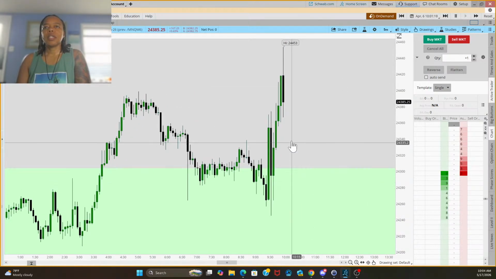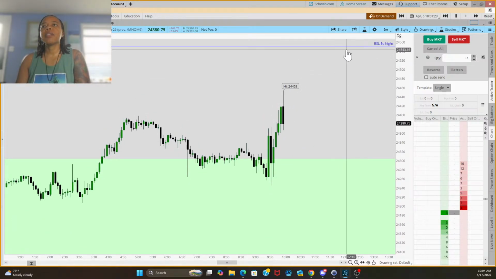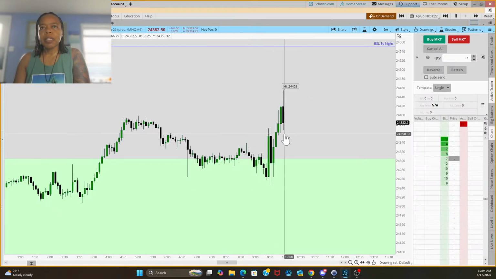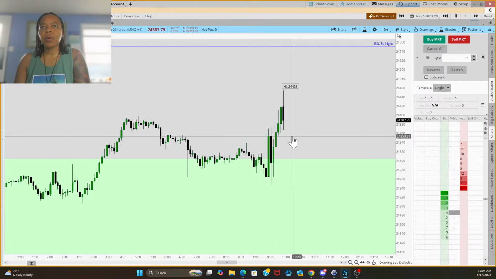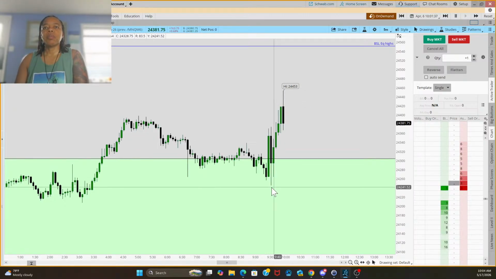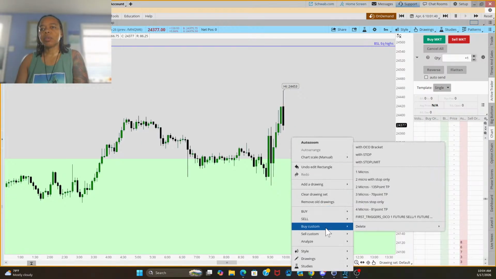We have a fair value gap right here on the 5-minute. We've not made it to the equal highs, and this would be the entry I would want. The body here, the 5-minute order block. We've swept all liquidity, so this would be a 1 micro long.